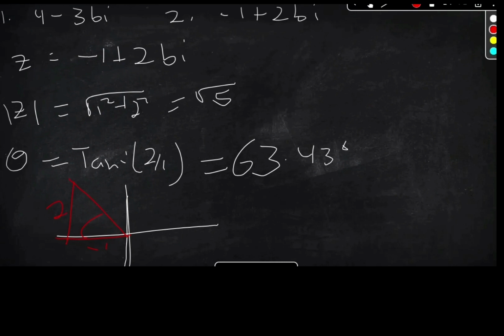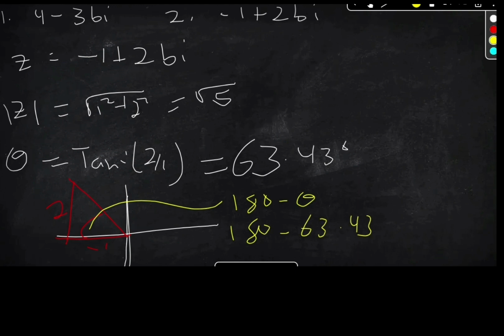Because it lies in the second quadrant, it is 180 minus theta, which is 180 minus 63.43. That gives a value of 116.57 degrees.